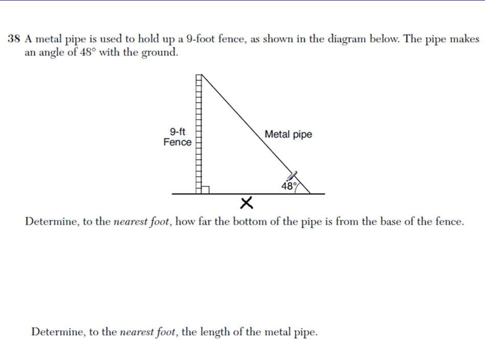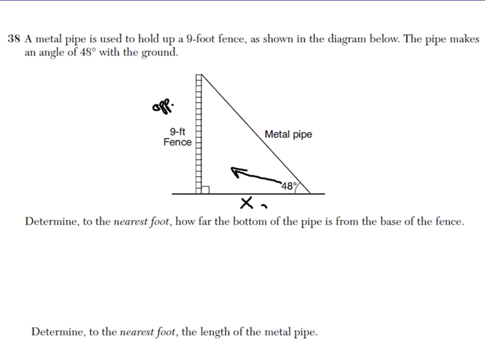We have the measurement of an angle. We have an opposite side here, and the reason it's opposite is because it's across from the angle. So this side is an opposite side, and we're looking for the adjacent side.